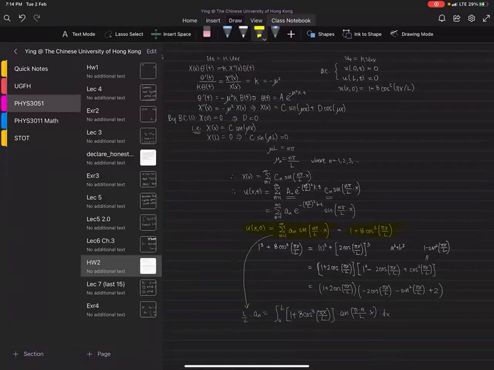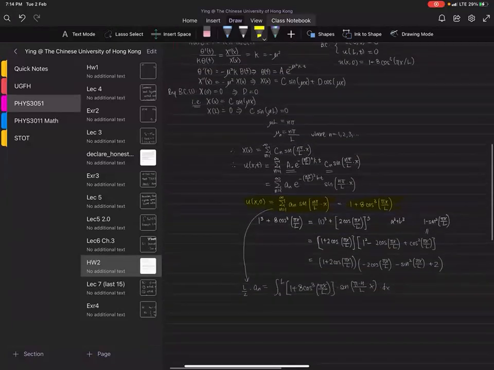So I try to decompose it, and I find that I'm going into a very disastrous place. So you're trying to decompose the cube.